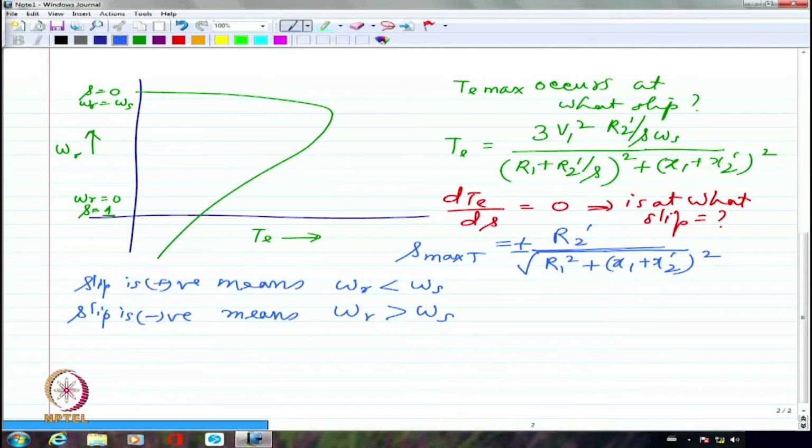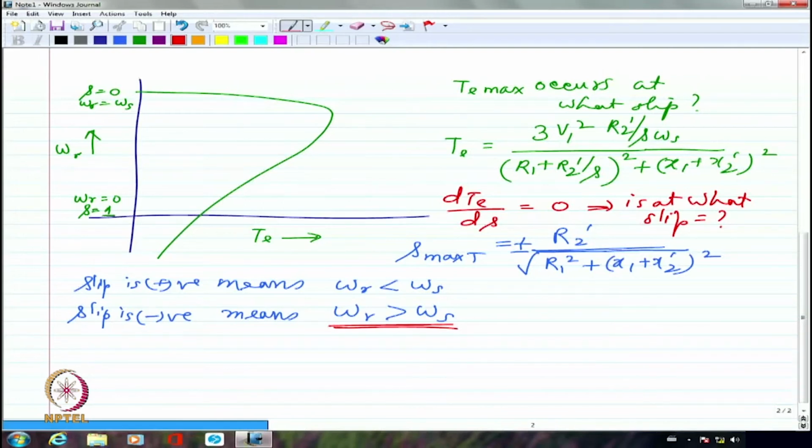Because omega s minus omega r, that's what we said as the slip speed. That divided by omega s gives me the overall slip. That's what we said. And we also said very clearly that this can never happen in an induction motor. We said that omega r can never even reach omega s, leave alone going beyond omega s.